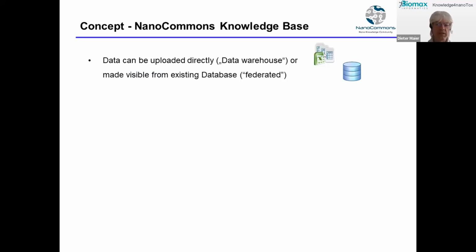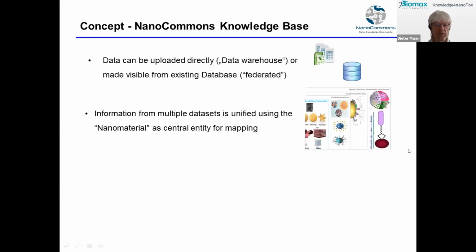The main features for today and the examples we're going to show are using the NanoCommons knowledge base as a data warehouse, storing your data that needs to be sustained long-term, or federating information, providing a catalog of information that's out there from all the different nanotoxicology projects that have been active. We haven't federated all of them yet, but that's an opportunity here.